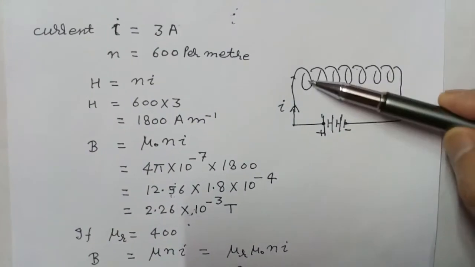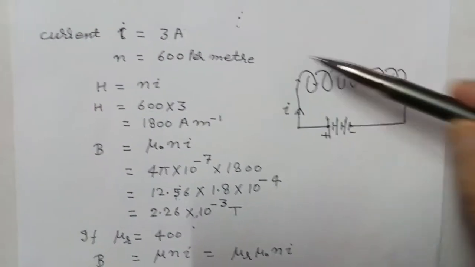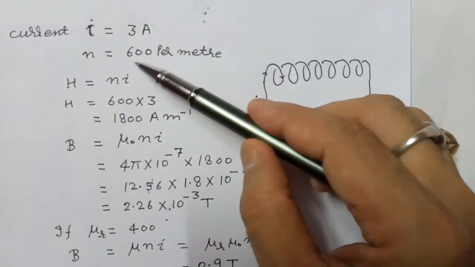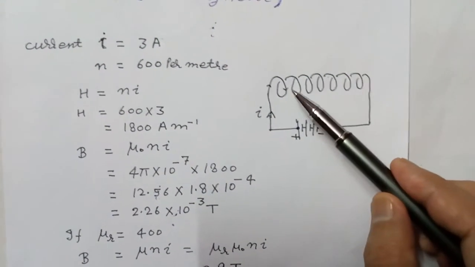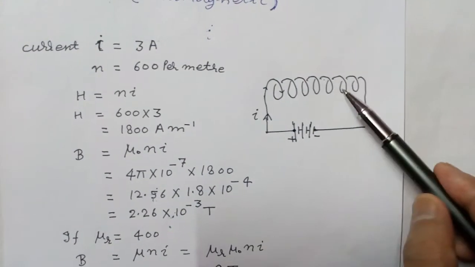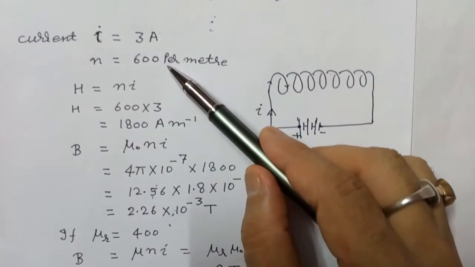Now suppose this is a current carrying solenoid and current flowing through it is 3 ampere and number of turns per unit length, means number of turns on 1 meter length, is 600.